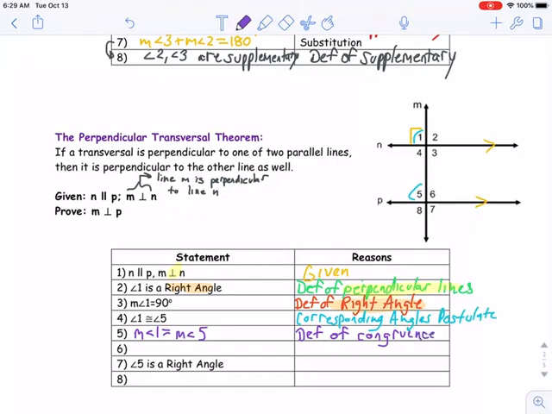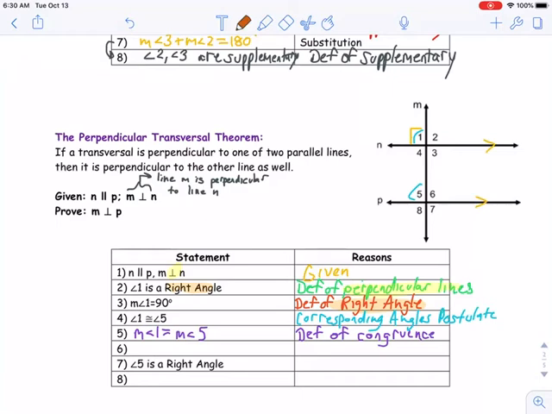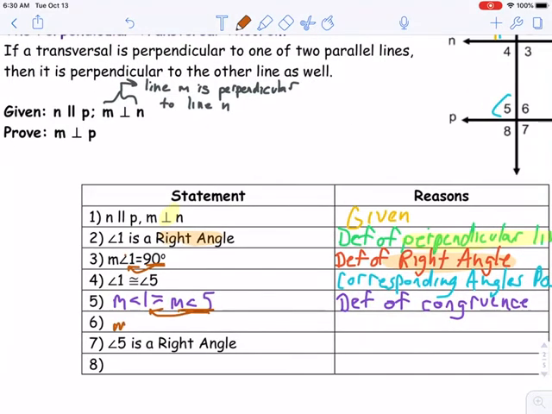All right, so what can I figure out from here? I know angle 1's 90 degrees. I know angle 1's congruent to angle 5. I know measure of angle 1 equals measure of angle 5. Well, based off all this stuff, if 90 degrees equals angle 1, angle 5 equals angle 1, measure of angle 5 must also be 90 degrees by transitive.